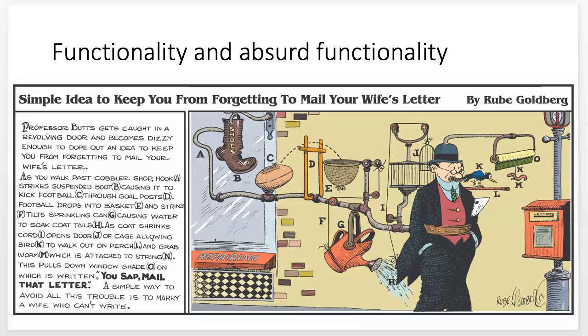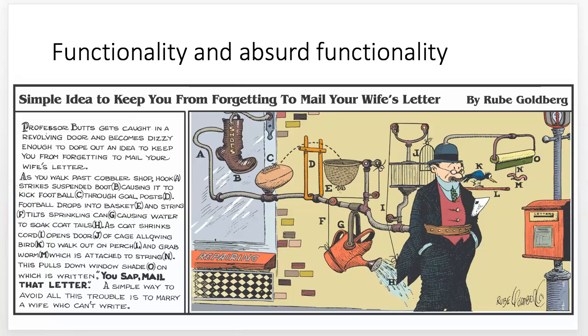So all of this is if a guy couldn't remember to mail this letter while he was walking down the street, the hook would hit the boot for the cobbler shop, would make the football go in here, and then it would continue to hit this. The water would hit this bird that would try to get the worm that would drop this reminder.